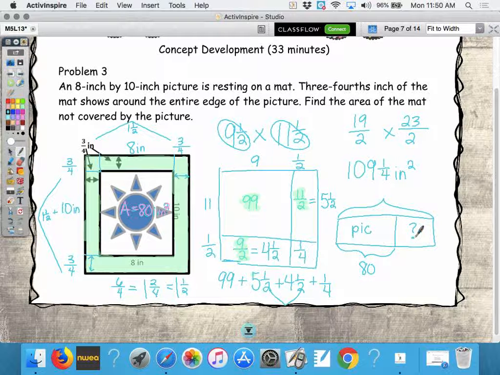Now you can go ahead and do 109 minus 80. And then put your 1/4 on. What's your answer? 29 and 1/4 square inches is the area of the mat not covered by the picture. That was a pretty good problem. You might run into something like that. Okay, hold on.